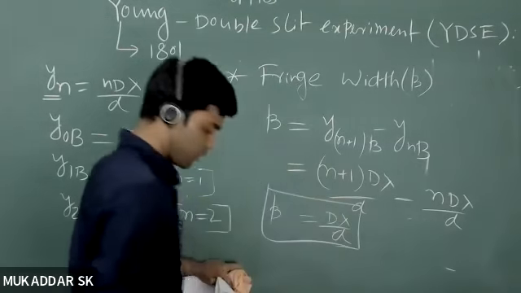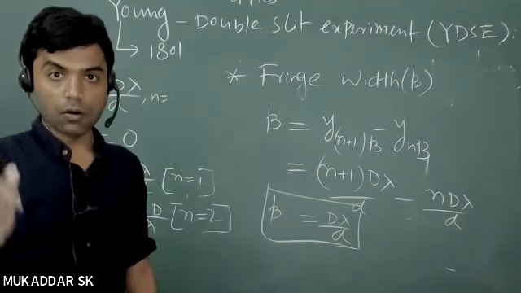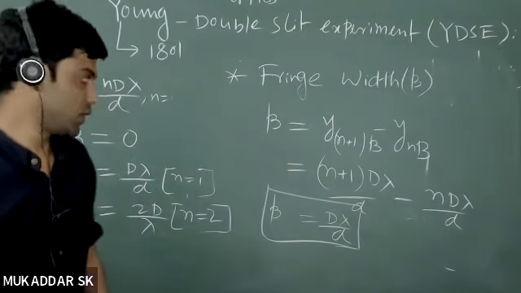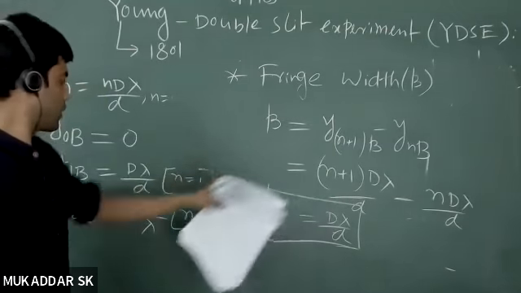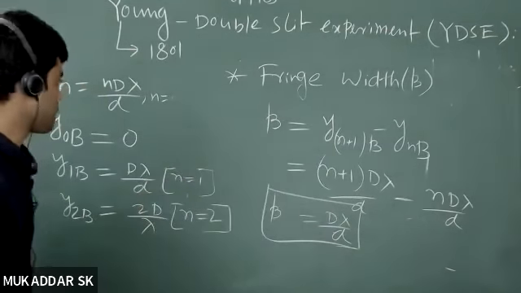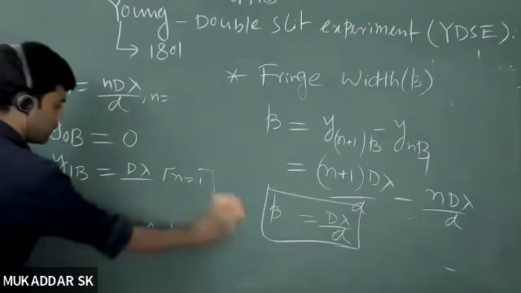So fringe width is defined as the separation between two consecutive bright fringes or two consecutive dark fringes, right? Here I have calculated it by taking only consecutive bright fringes. Okay. Did you get everything here? Is it clear?